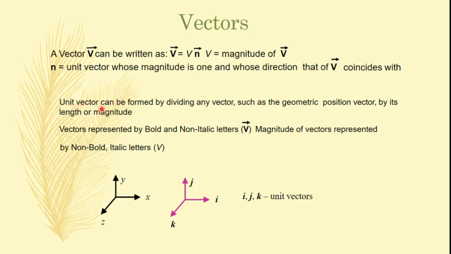Unit vector, how can we get this unit vector? Unit vector can be formed by dividing any vector such as the geometric position vector by its length or magnitude. If we divide this vector by the magnitude of this vector, then we get the unit vector.